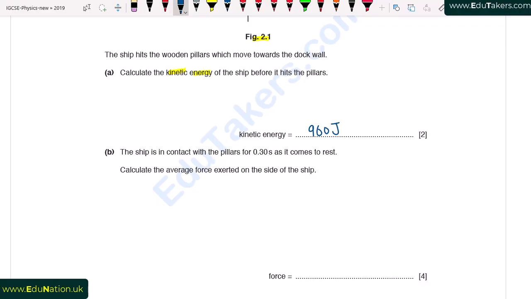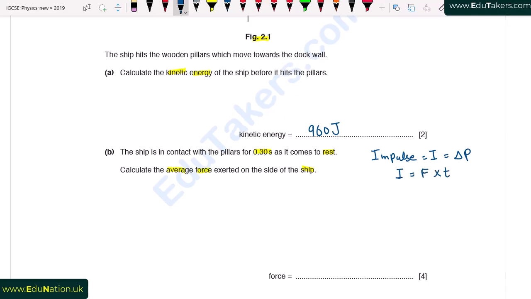Part B. The ship is in contact with the pillar for 0.30 seconds as it comes to rest. When it comes to rest, it means that its velocity is equal to 0. It is not moving. Calculate the average force exerted on the side of the ship. Here we have to calculate the value of average force, and we know that impulse, represented by I, is equal to change in momentum, and it is also equal to the product of average force and time.